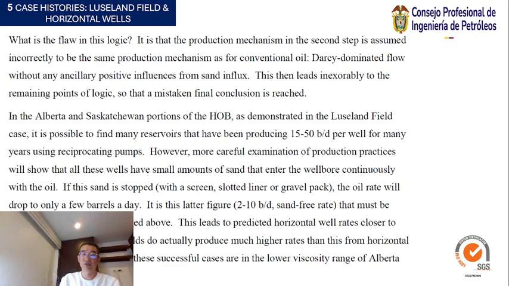This leads to predicted horizontal well rates closer to 50 to 100 barrels per day, although some fields do actually produce much higher rates than this from horizontal wells. It is usually found that these successful cases are in the lower viscosity range of Alberta heavy oils, below 1,500 cp.